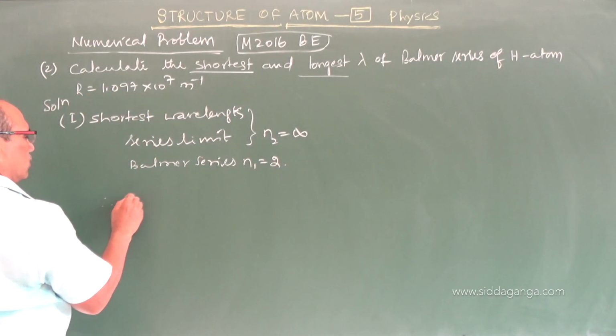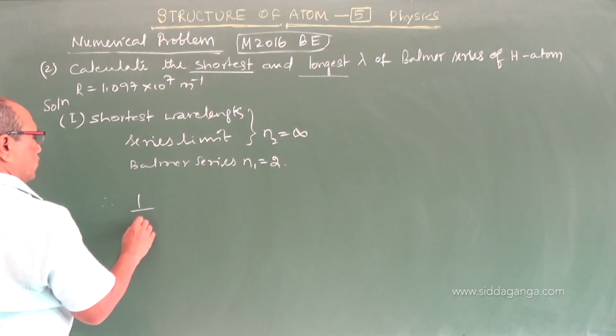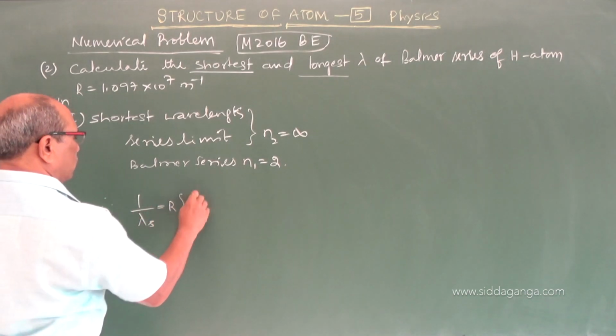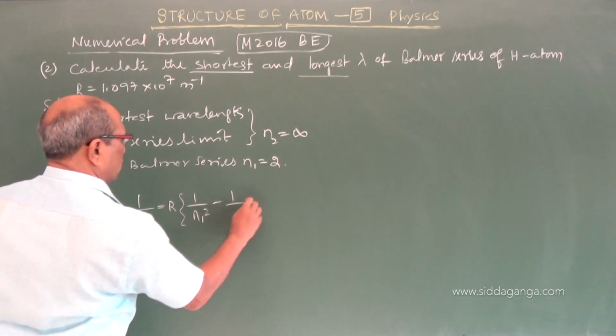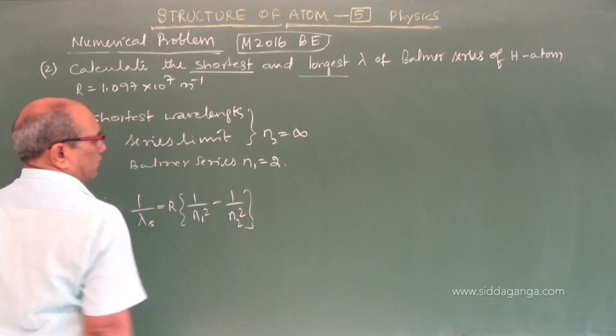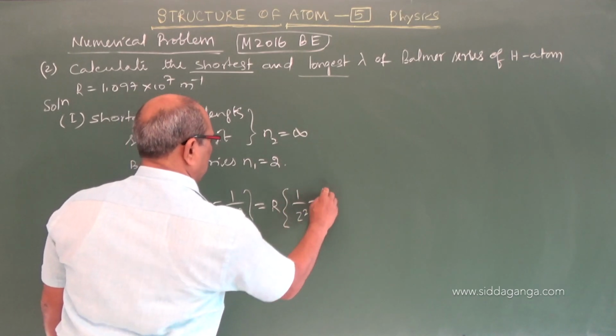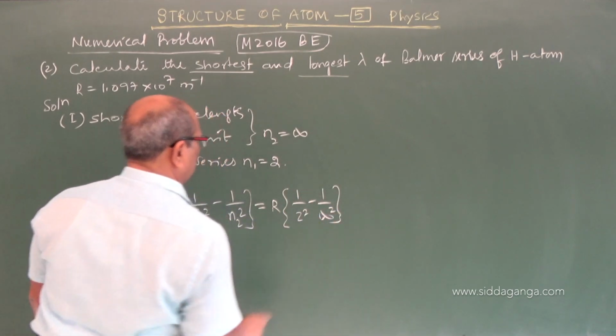Even if you have forgotten, you can write 1 by lambda shortest is equal to R into 1 by n1 square minus 1 by n2 square, or R into 1 by 2 square minus 1 by infinity square.